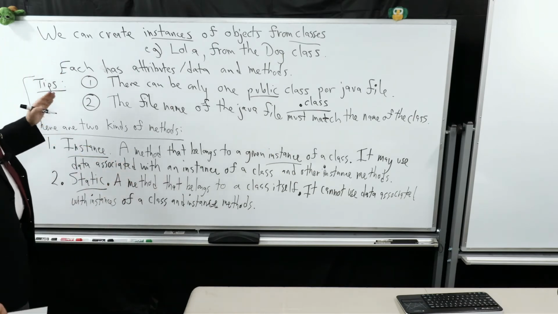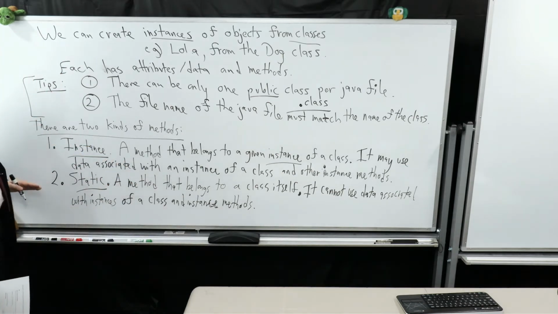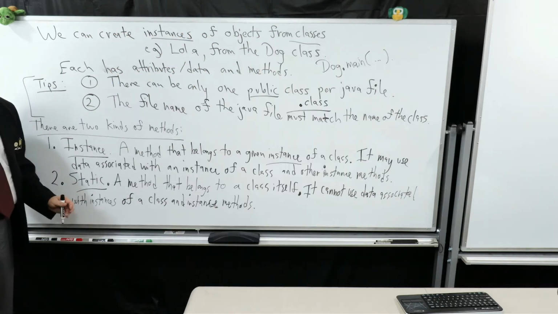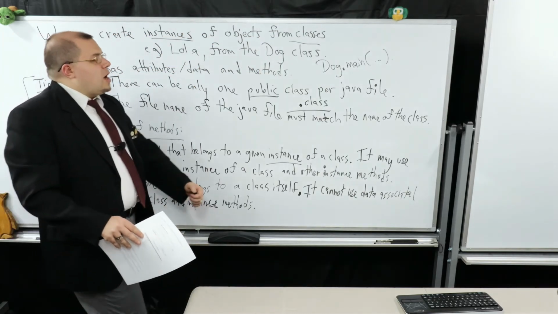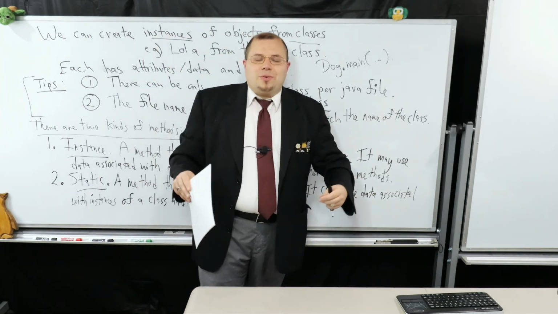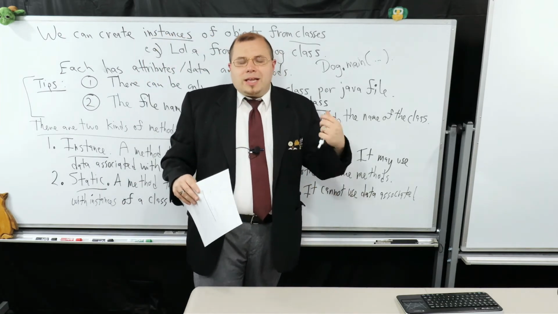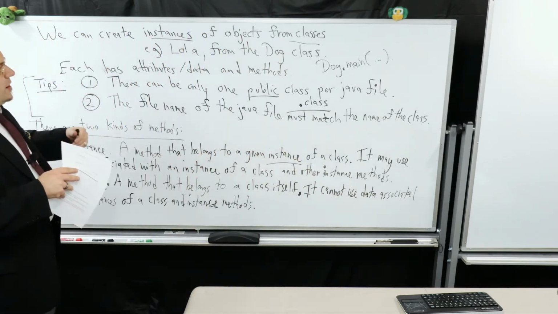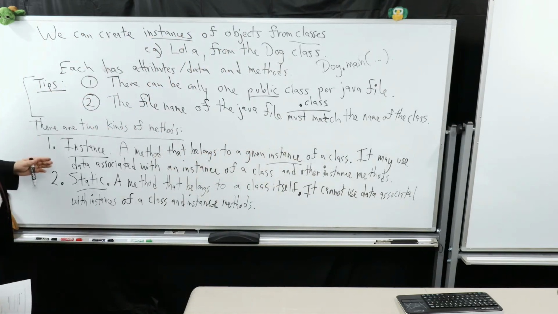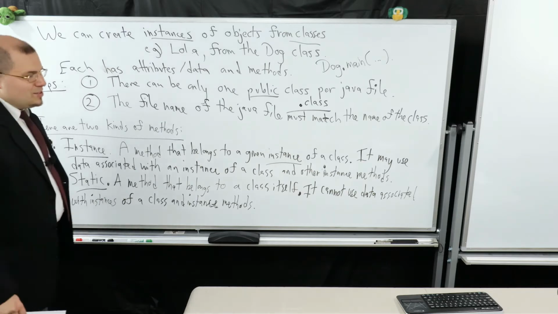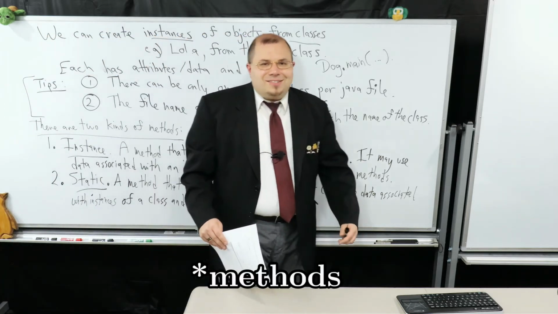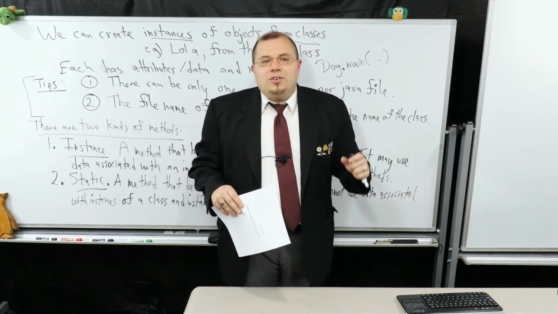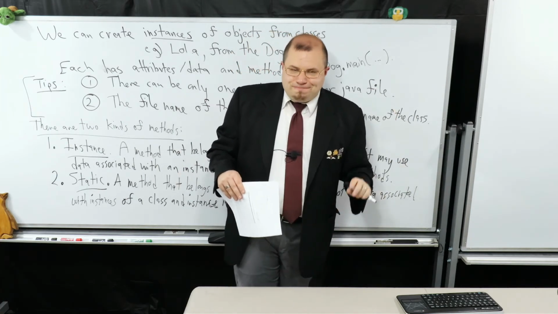The way you should think about a static method is that this is going to be a method associated with the class itself. For example, if I created an instance of a dog and those attributes represent Lola, you can't use Lola's attributes inside of static methods associated with the dog class, because these are tied exclusively to just the dog class itself, not instances of the dog class.